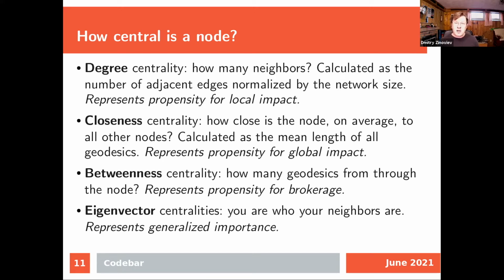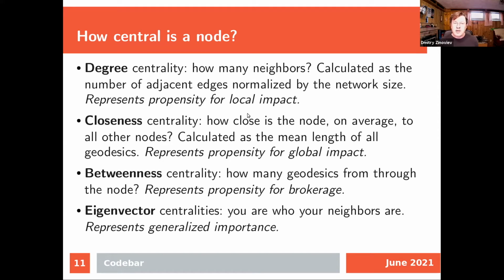The degree centrality simply counts how many neighbors a node has. And usually it represents the propensity for local impact. Let's say you shout something and your immediate neighbors immediately hear you or see a message on Facebook. And the more neighbors you have, the more prominent is the impact of your shouting.